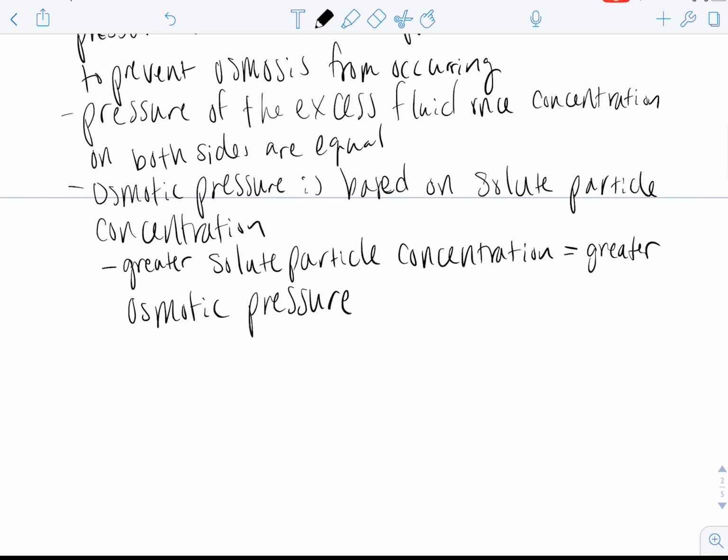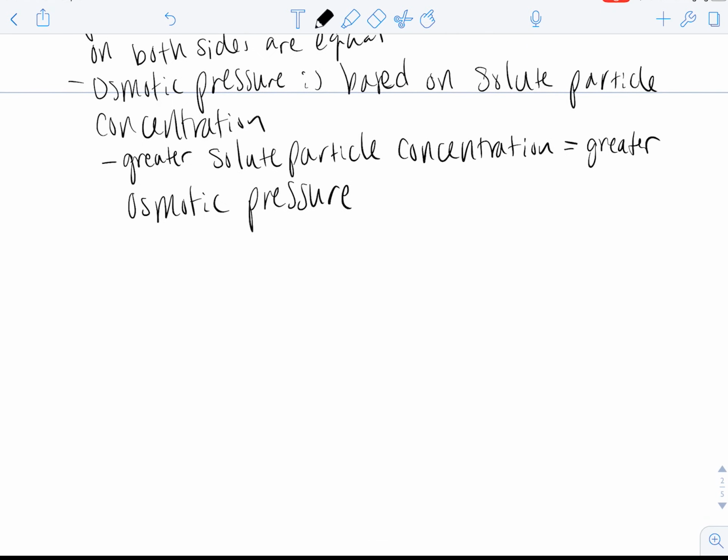Okay. So the equation we use for osmotic pressure is basically a large pi sign.